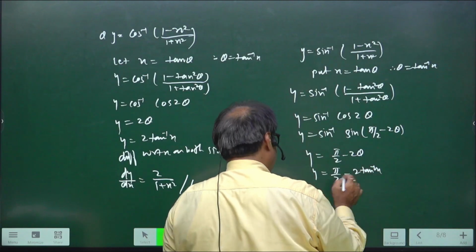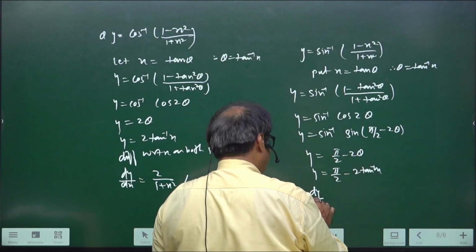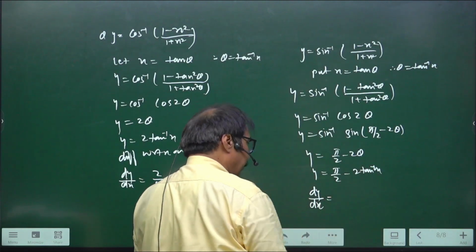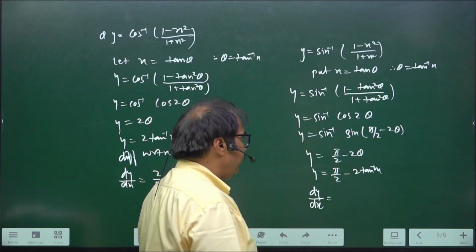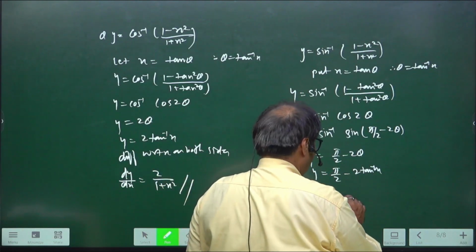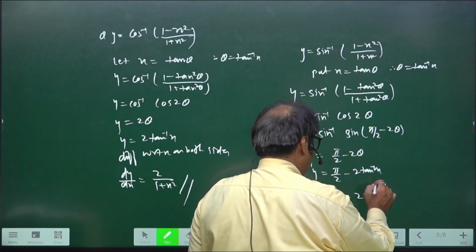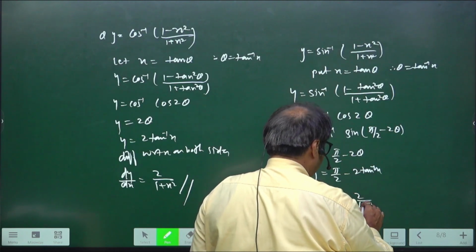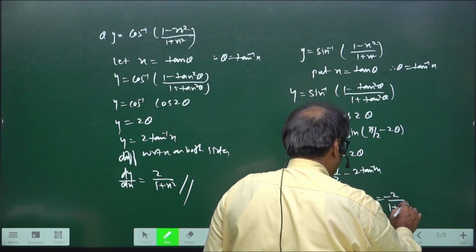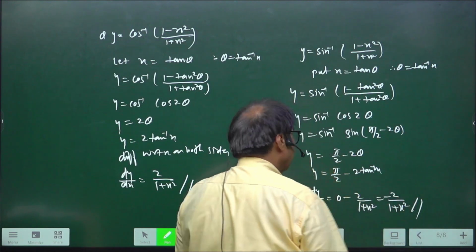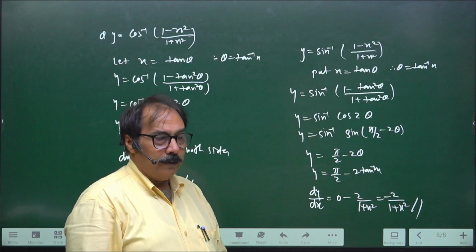And now differentiate with respect to x on both the sides. So dy by dx, that pi by 2 is a constant term, so the derivative will be 0. So 0 and minus 2, and tan inverse means 1 upon 1 plus x square. So the final answer is minus 2 upon 1 plus x square, right?